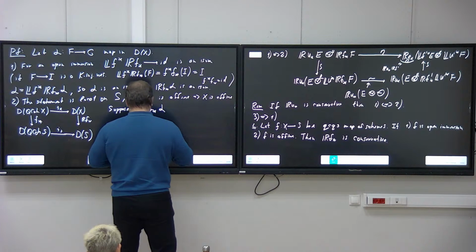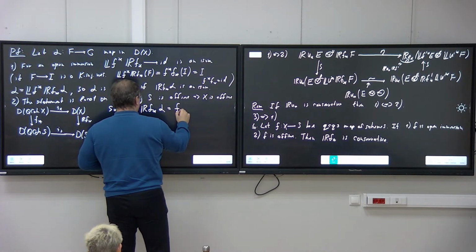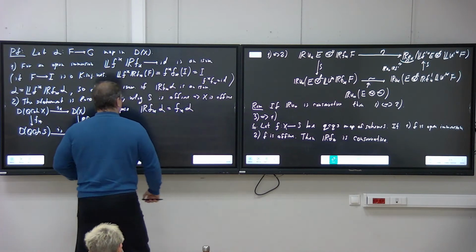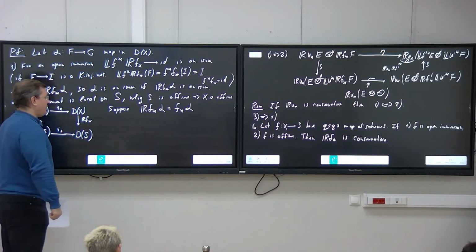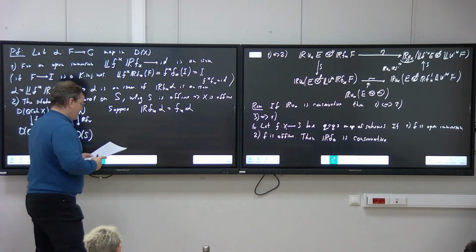But by that diagram, we can also write the f lower star without the derived functor applied to alpha.